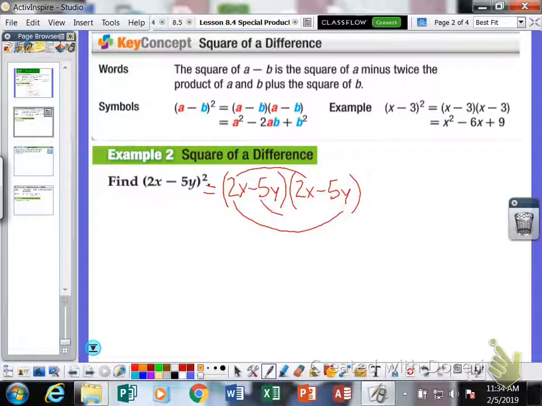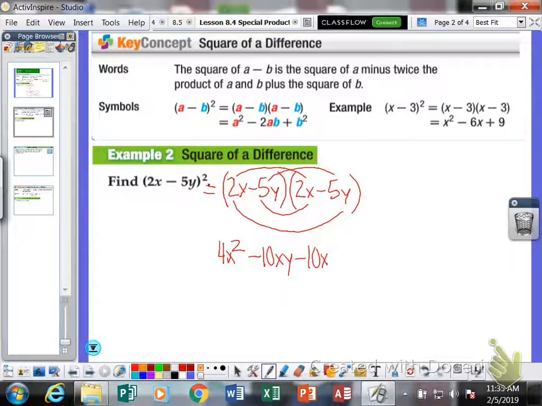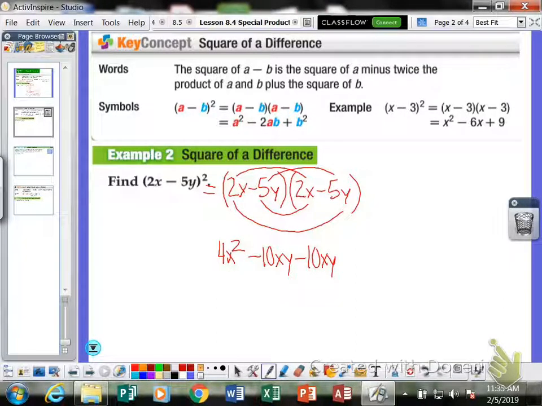First, outer, inner, last. I get 4x squared minus 10xy minus 10xy plus 25y squared.